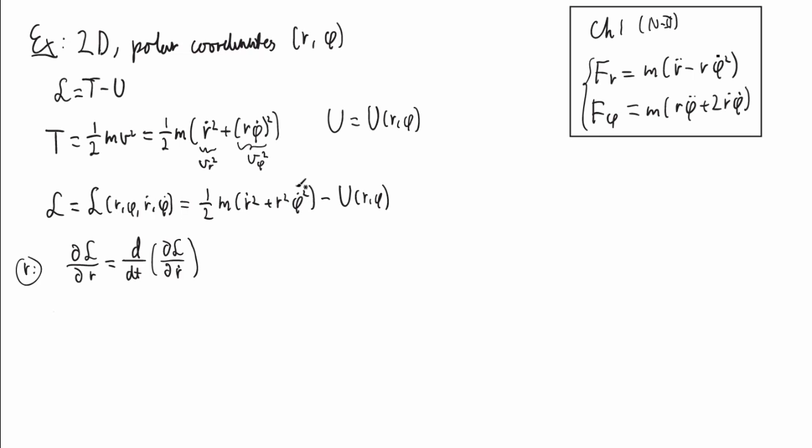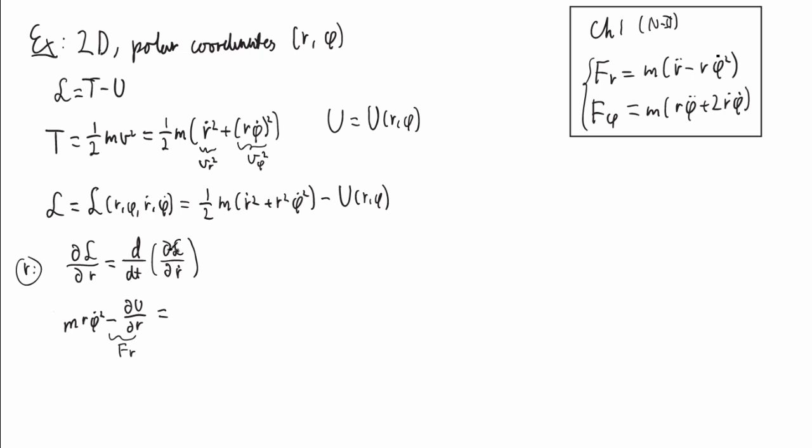So what we get if we take the derivative with respect to r is m r phi dot squared, and then the derivative of minus U with respect to r, well, that's just F sub r, right? I should write that out explicitly. dU dr, but this is F sub r.